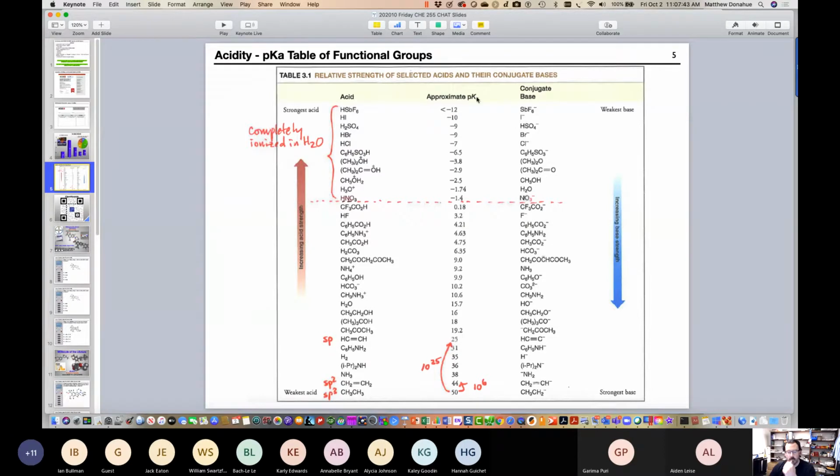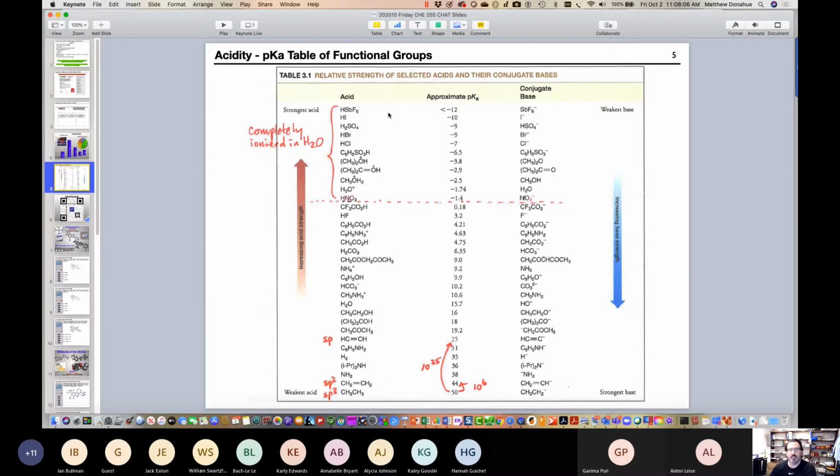So the pKa number, the higher, more positive that pKa number is, the weaker the acid. The lower and more negative the pKa number is, the stronger. The relationship between acid and conjugate base is inverse.